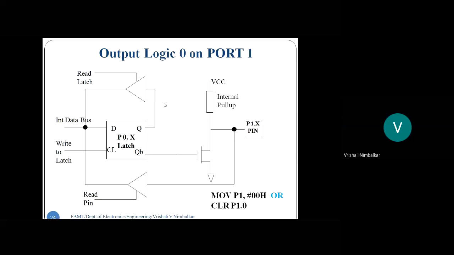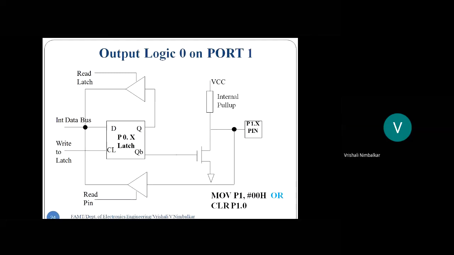By now, I hope this is clear to you all. When is the pin data read and when is the latch data read? Pin data is read when the pin is only functioning as a source operand. Latch data is read when the pin is functioning as source as well as destination. We saw a few examples before. Complement P1.0 means read the data from P1.0, complement it and send it on the pin.